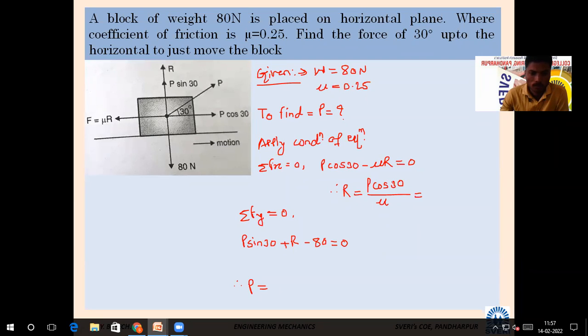Sakshi Kadam Patil, roll number 11. 20.20 Newton.